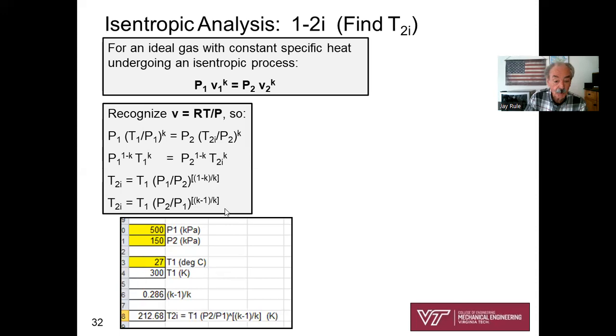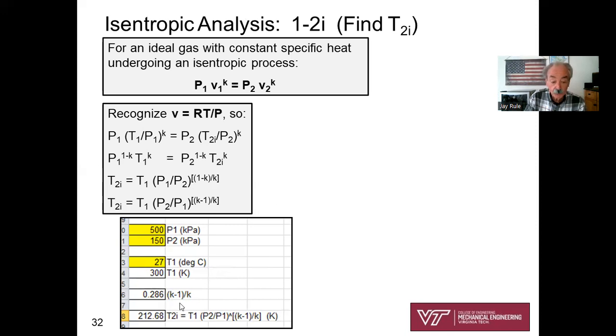Ideal gas, constant specific heat, isentropic process, reversible and adiabatic. All those things apply. Very restrictive, but it applies to what we're doing, isentropic analysis.